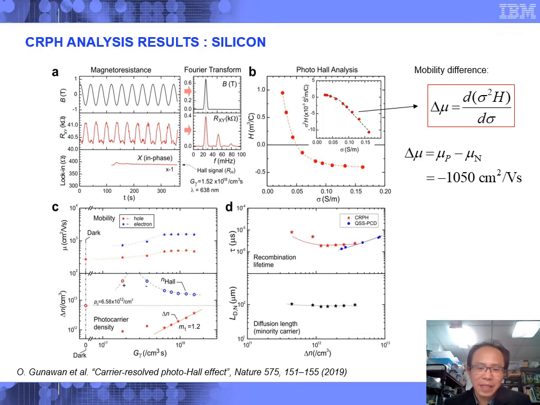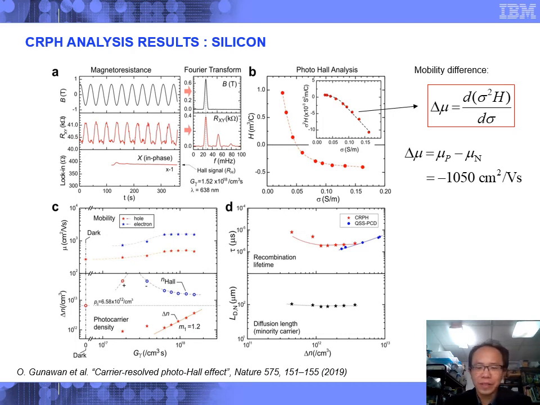The example just now on perovskite is an example of photo Hall analysis in the high injection regime, where the excess carrier density is much larger than the background carrier density. We could also apply this technique to single crystal silicon, which illustrates the analysis in the low injection regime, where the excess carrier density under light is smaller than the dark carrier density.